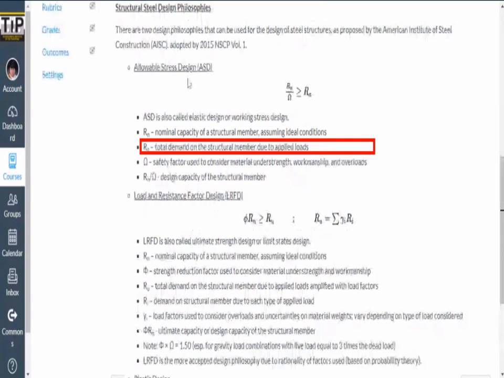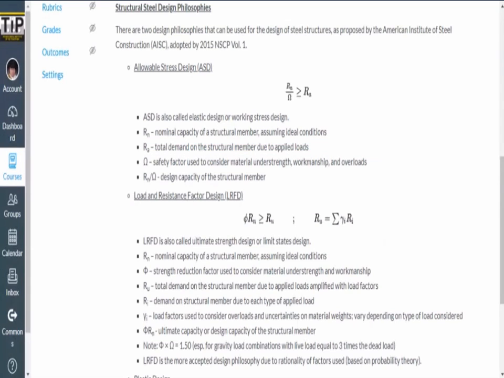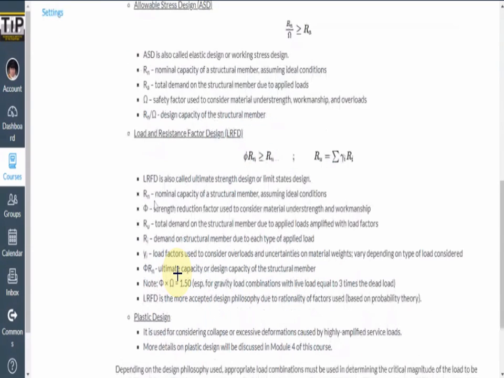So the main difference between ASD and LRFD is that we consider the overloads differently from the material under strength and workmanship. Okay? So this RU and RA are pretty much different. I will explain more of this later on.